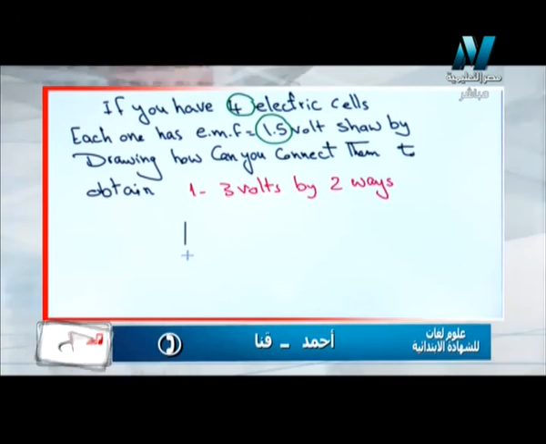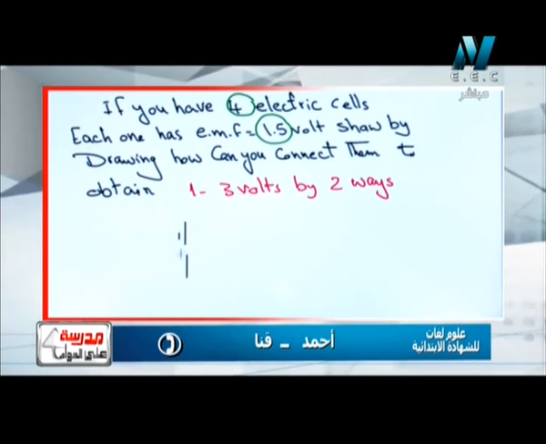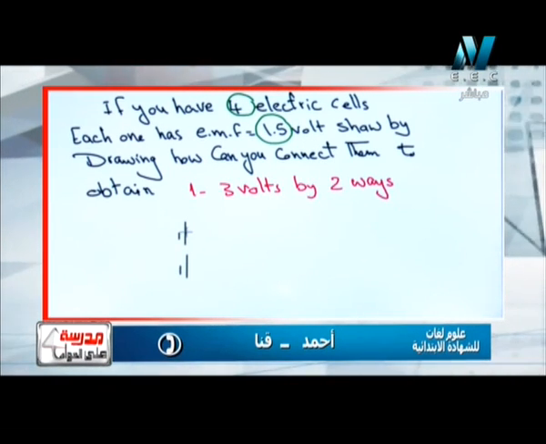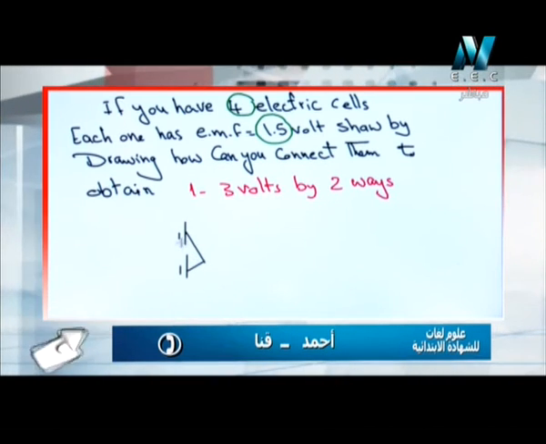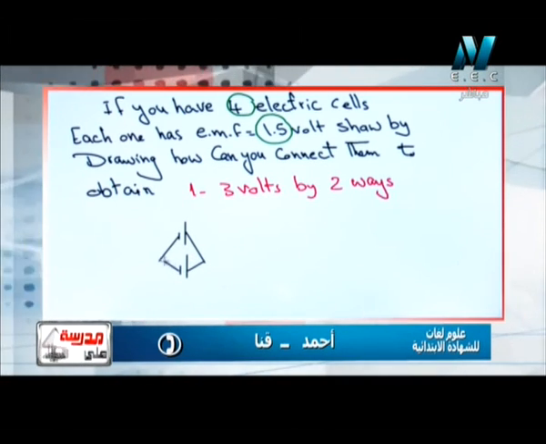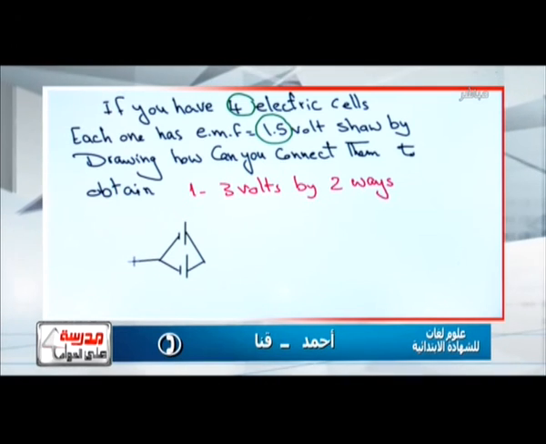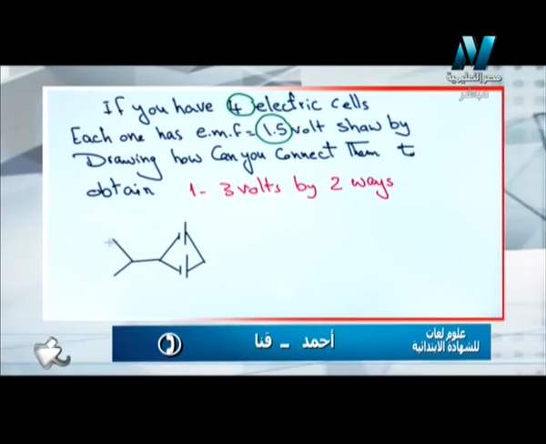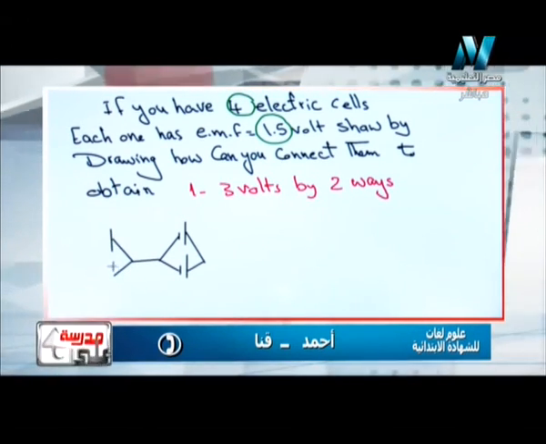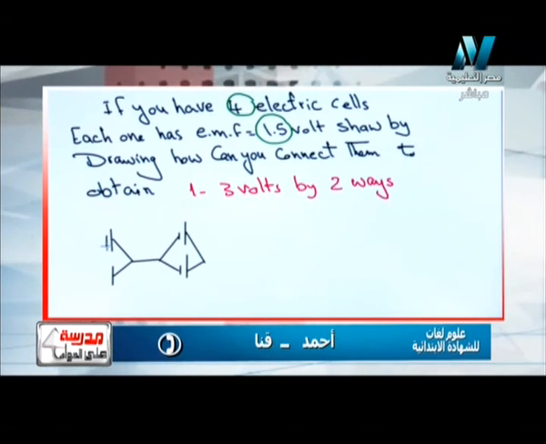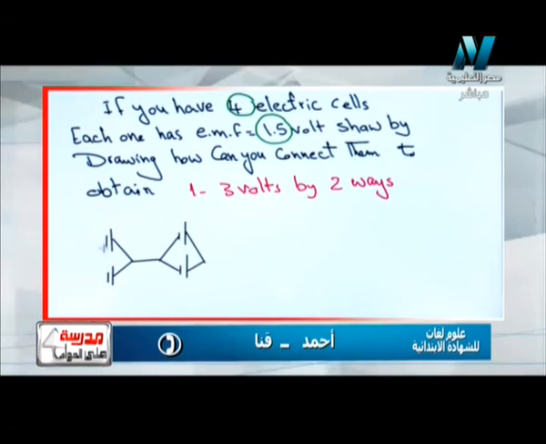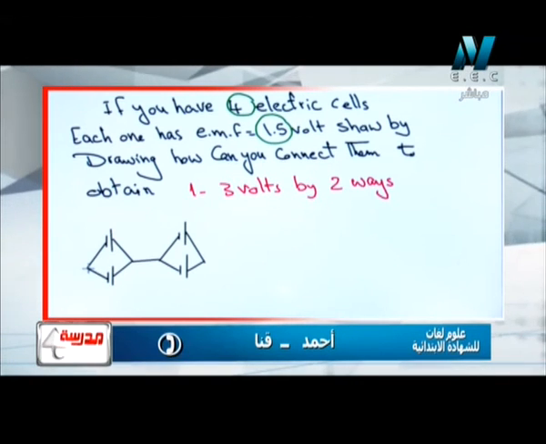Excellent. So 2 cells here are in parallel. Equal how many? 2 cells in parallel give 1.5. And the other here is also 1.5. We will connect them in series and the result will be 3 volts. Yes, Ahmed.